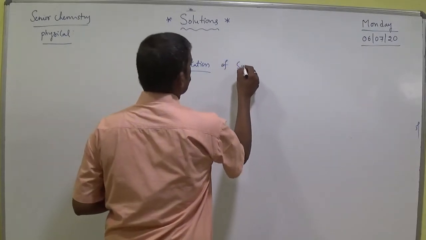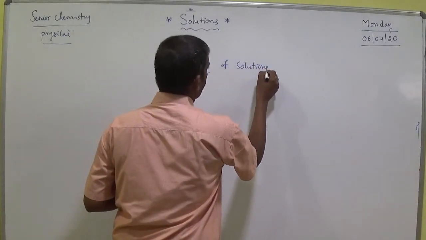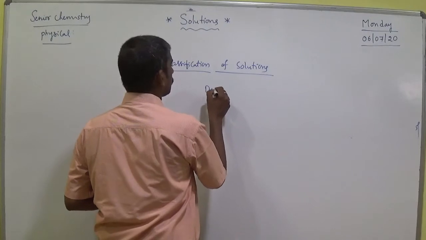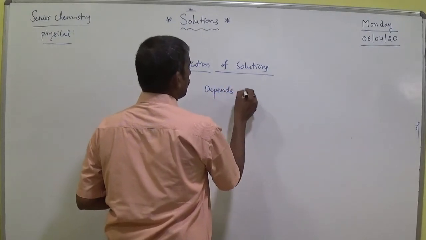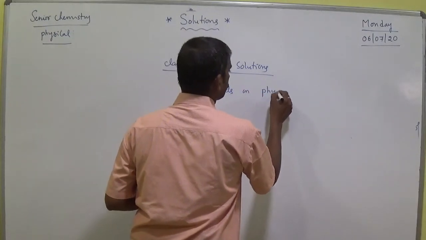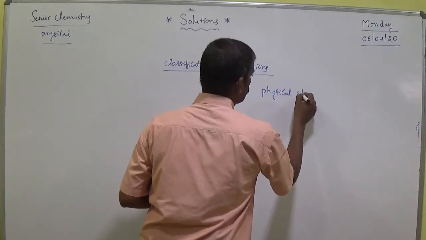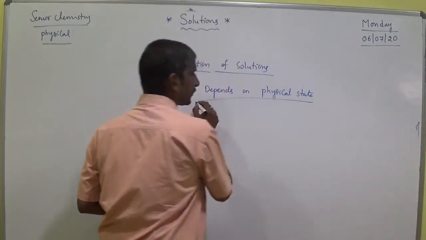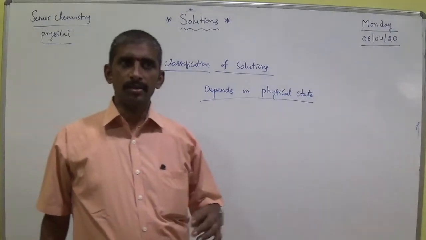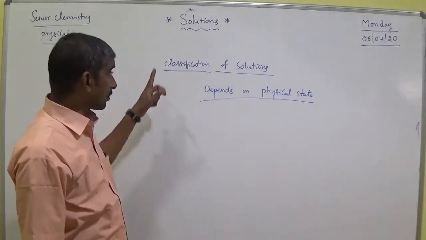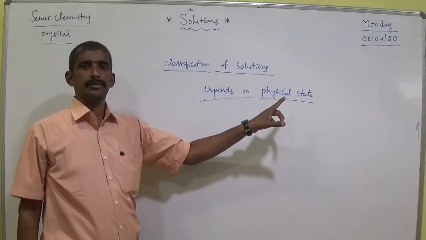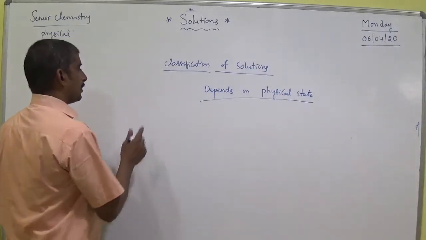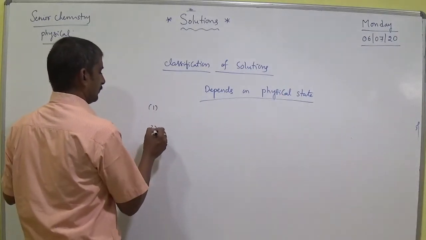Next, the second classification of solutions depends on physical state. Before, I have given nature of the solvent. Now classification of solution depends on physical state. Generally, mainly three types.